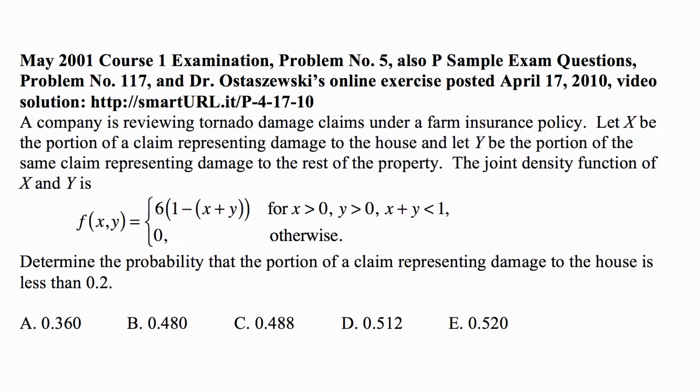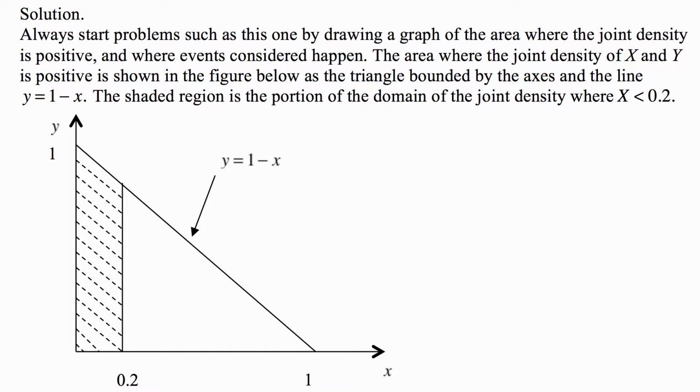Determine the probability that the portion of a claim representing damage to the house is less than 0.2. So damage to the house is x, and we want the probability that x is less than 0.2 given this joint density.